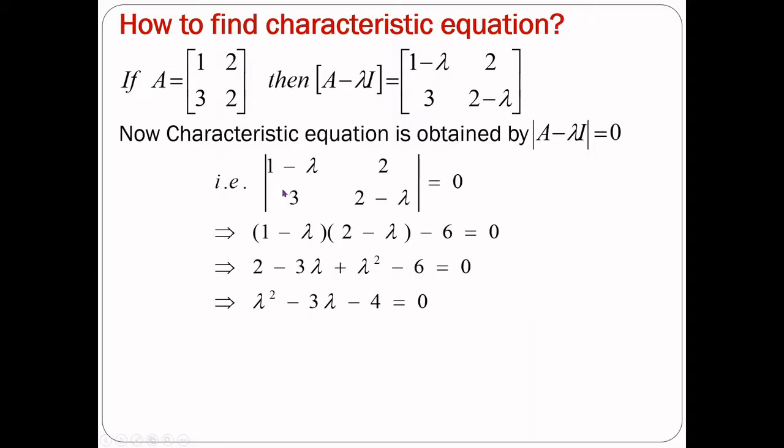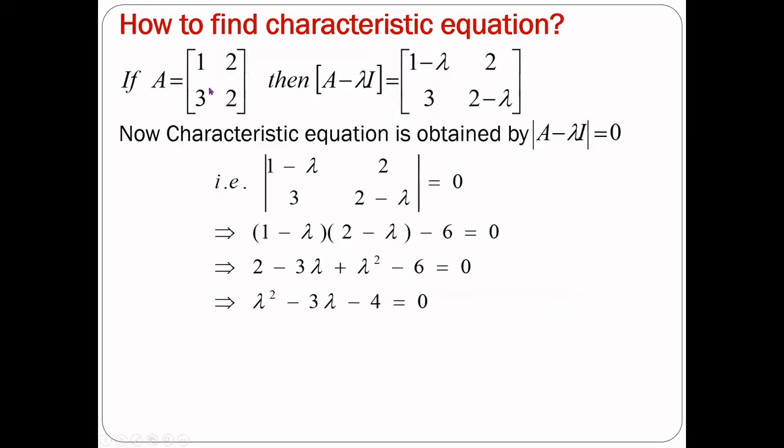Therefore, solving the determinant, 1 minus lambda into 2 minus lambda minus 6 equal to 0, we get the equation lambda square minus 3 lambda minus 4 equal to 0.